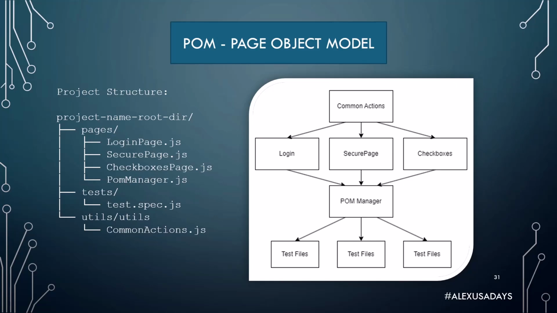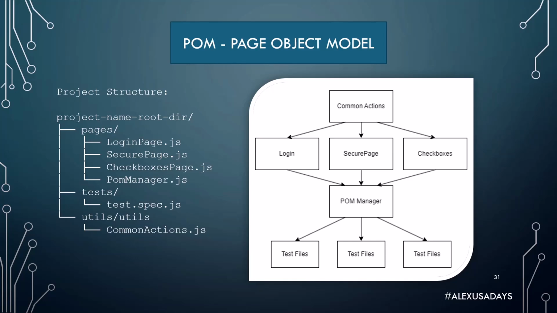We're going to have secure page, the page that we get to after we log in. That's going to have a secure page object. We will have checkboxes page, just one more example with the checkboxes object. And we will have a file called POM manager. It's going to contain an object where you import all other objects for ease of use.